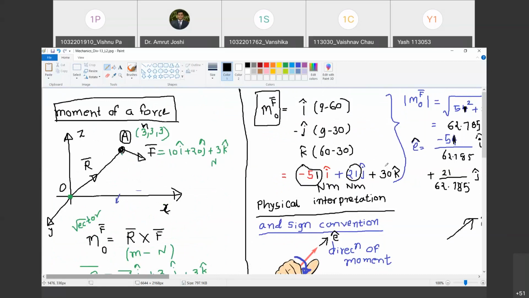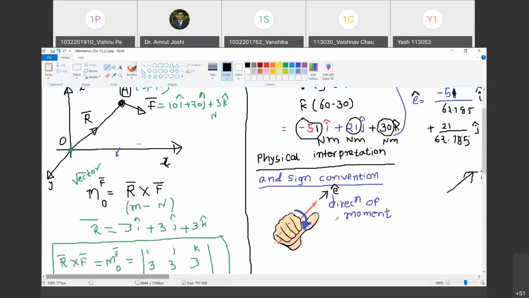Similarly, how do you explain this 30? Sir, it is the direction in the Z axis. Yes, so it is the moment caused by F bar about Z axis passing through point O. Yes, sir. Point O is important here. Are you with me? Yes, sir. And this is also in Newton meter.